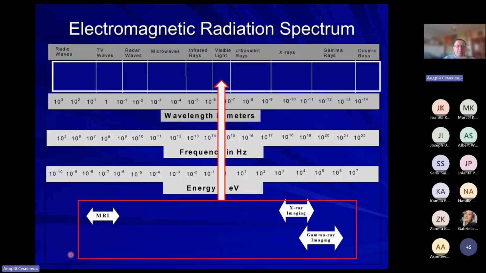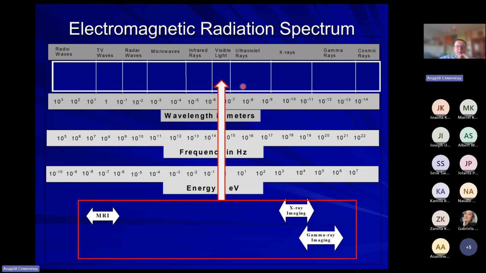Yet another classification of medical imaging is electromagnetic radiation. Practically, human eyes have the capability to see a very narrow band, a very narrow area within the general electromagnetic radiation spectrum.